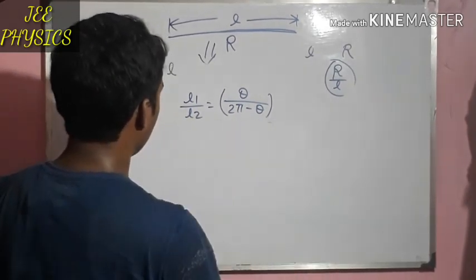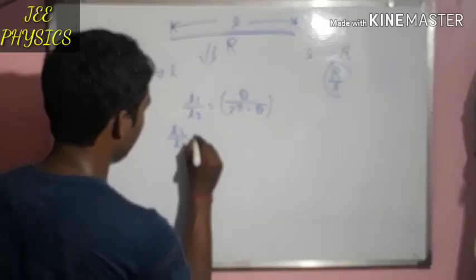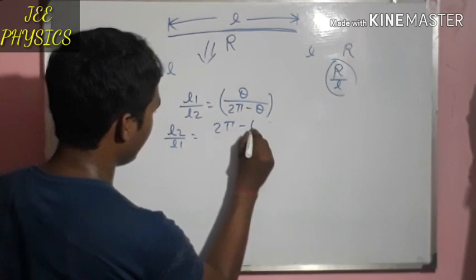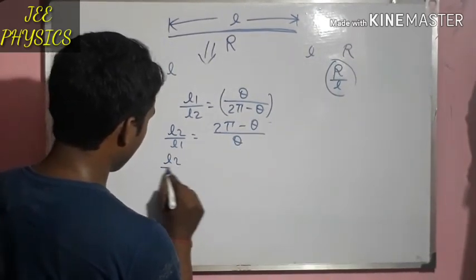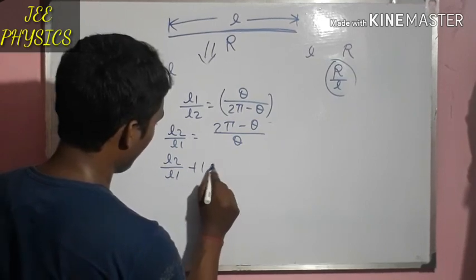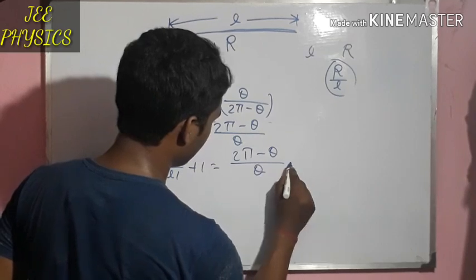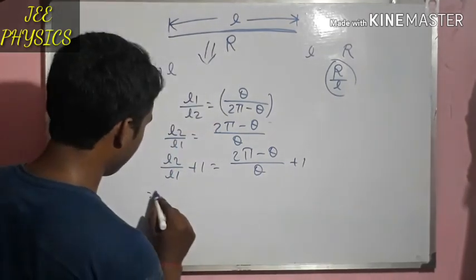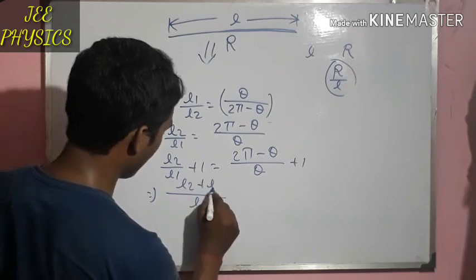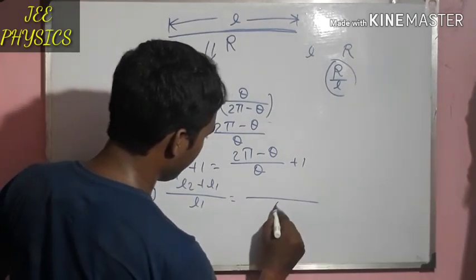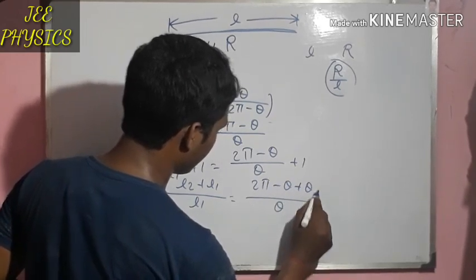How? First reverse it. L2 by L1 is equal to 2 pi minus theta by theta. Now add 1 to both sides. Now add them. LCM is L1, so L2 plus L1. Here the LCM is theta, so 2 pi minus theta plus theta.